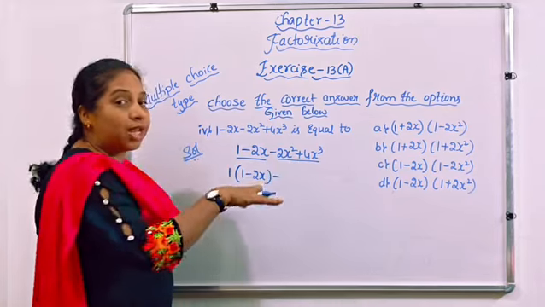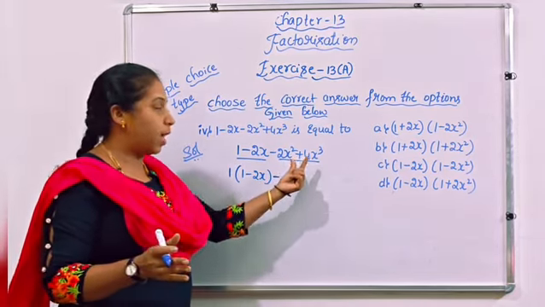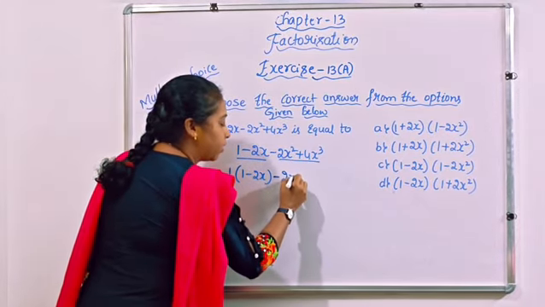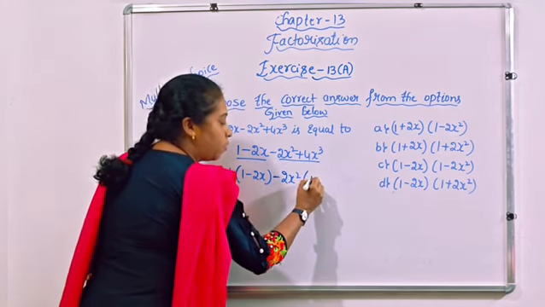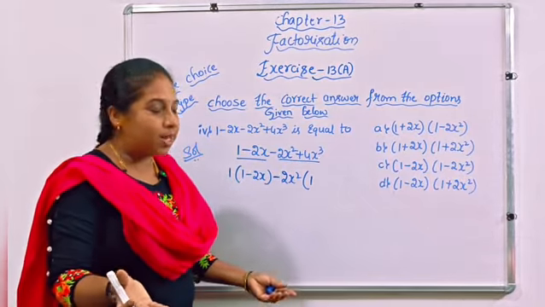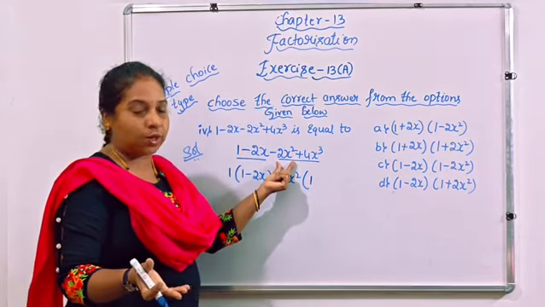We can take common as 2x square. If I take common as 2x square, I have written minus 2x square. Remaining is 2x square once a 2x square, nothing is remaining, which means 1. 2x square into 1 equals 2x square.